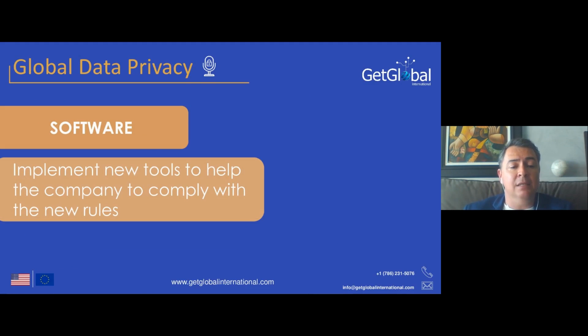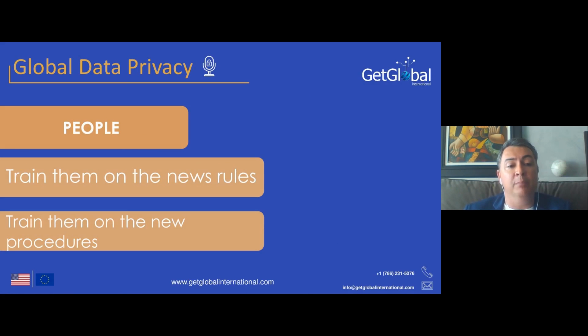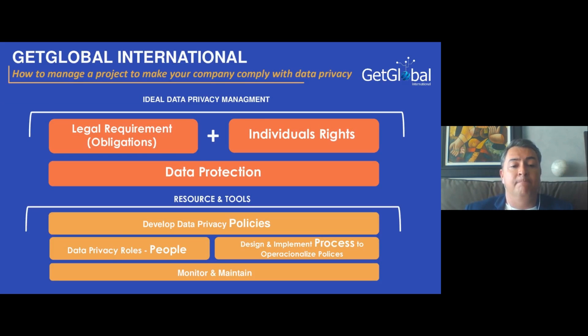So at the end, the company would have the policies, and therefore the people who would be responsible for playing some roles in order to help the company comply with the law. We would have all the processes to be followed by the people.